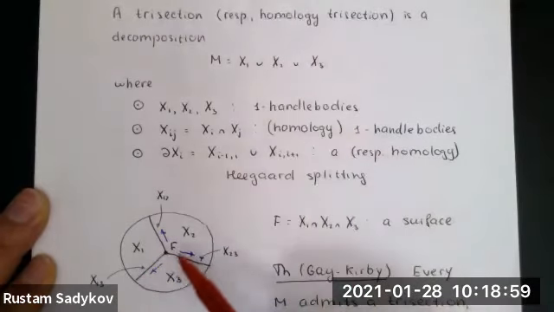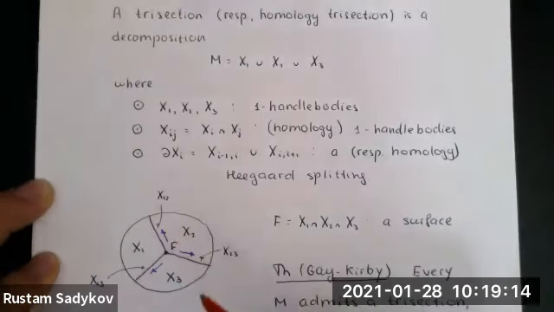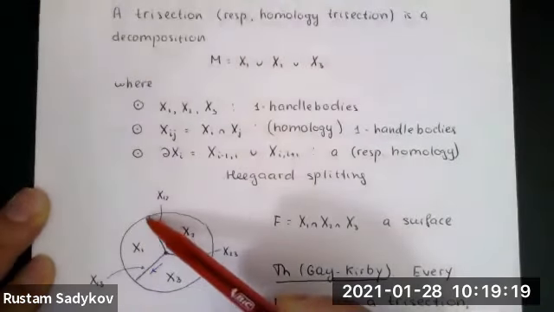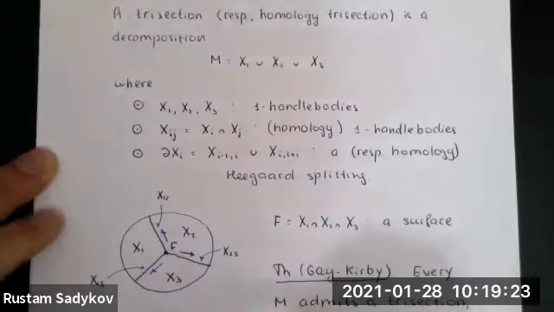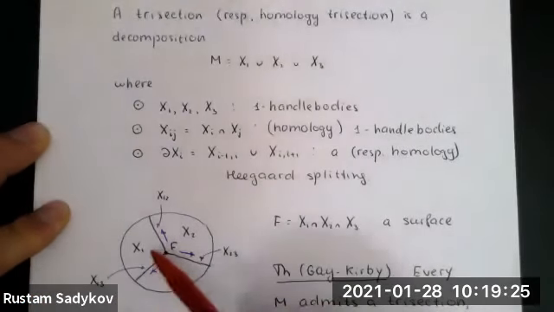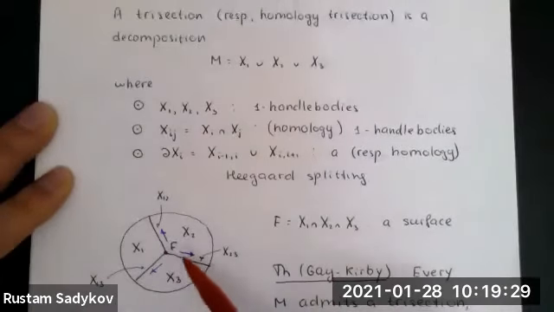In the case of trisection, we require that X13 and X12 are one-handle bodies. So this is a Heegaard decomposition of the boundary of X1. But in the case of homology trisections that we introduced with Stanislav Trunov, we assume that X12 and X13 are homology one-handle bodies, so that this is a homology Heegaard decomposition of the boundary of X1.